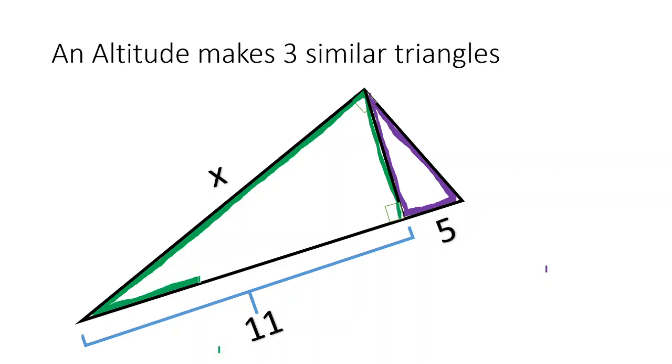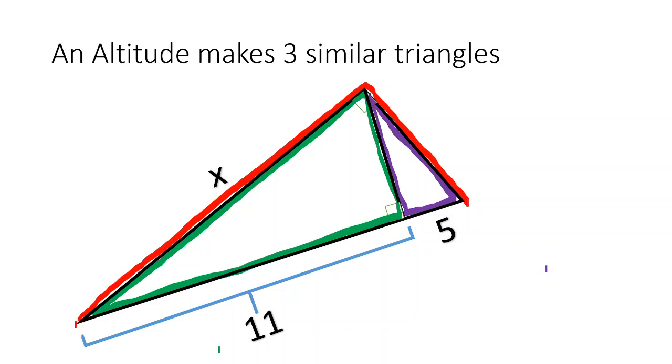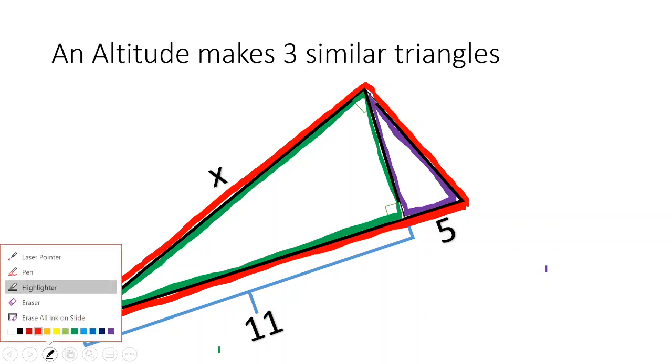And then we're going to create our last triangle, which is a red triangle. So that's this triangle right here. And so you've got purple, green, and red.